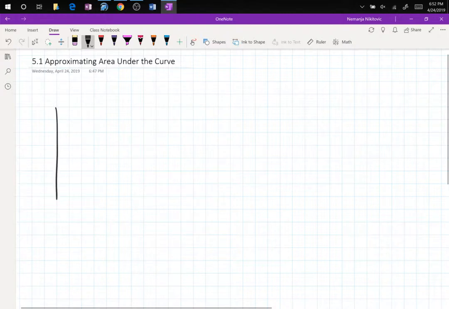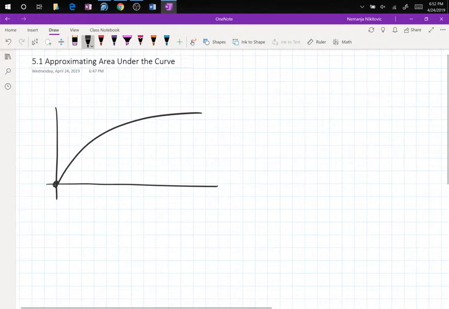I'm going to draw, let's say, a square root function. And I'm going to wonder what's the area from 0 to 4.